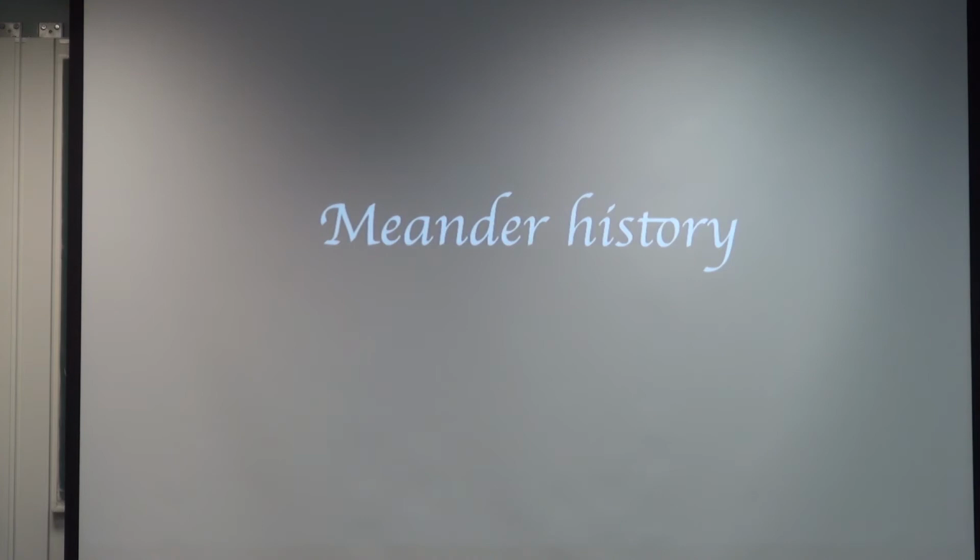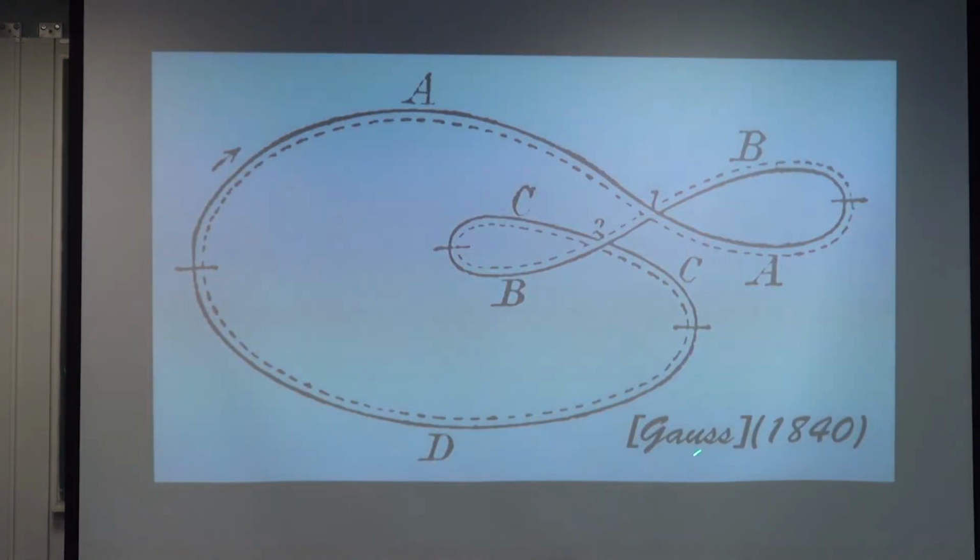Yeah, in the last couple of minutes of my talk, I want to say a few words about the meander history. So I already said that Poincaré, aiming for a completely different thing, stumbled on meanders, but there are earlier examples. Gauss, for example, studied in 1840 curves which intersect themselves, if you like, on the two-sphere.